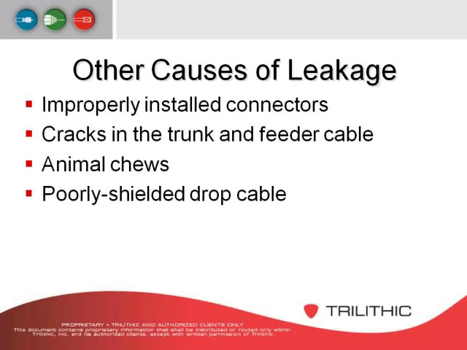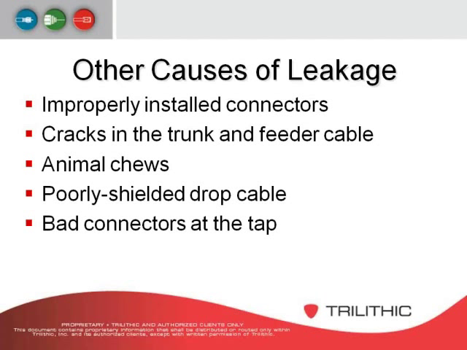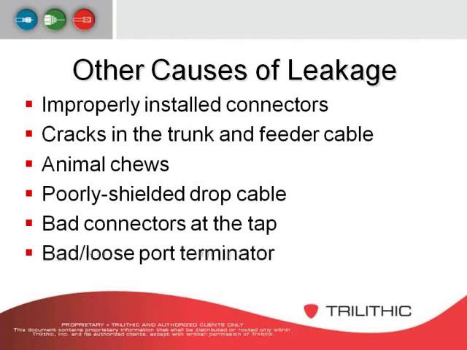If it doesn't have very much braiding or foil in the coax itself, signals will have a tendency to leak out because there's not enough shielding to maintain the signals that are inside. Bad connectors at the tap. Bad or loose port terminators.